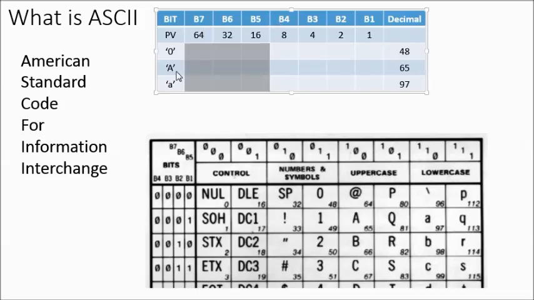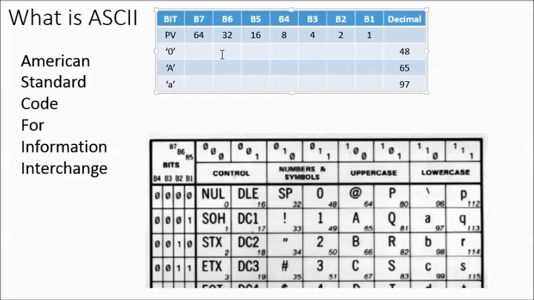Now, what is incredibly clever about how they did the ASCII table is they took these high order bits and used them to break the codes up into sections that made sense. So everything that started with 0, 0, all the codes that start with 0, 0 are all control codes.